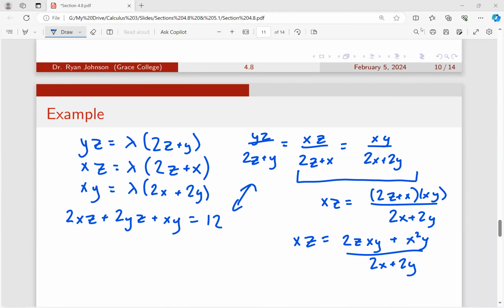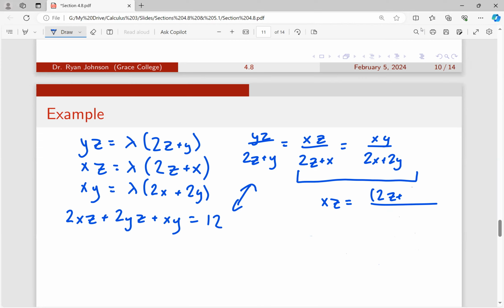Actually, I have a different idea. Let me change directions here and let's try attacking this one. I want to do that because I see that there's some symmetry, like the x's and y's are almost the same, which means I think I might be able to simplify that down into x equals y. So let's multiply those things by the common denominators.